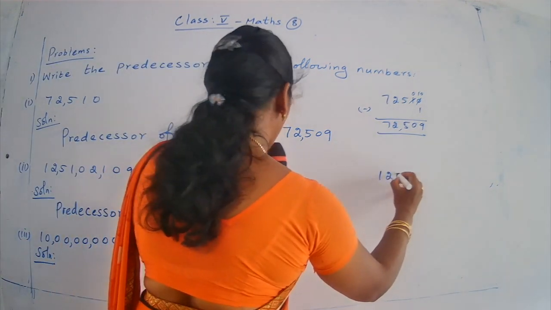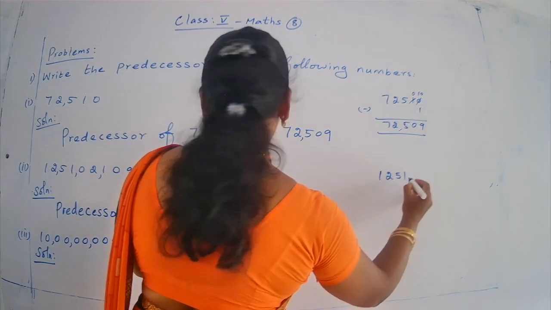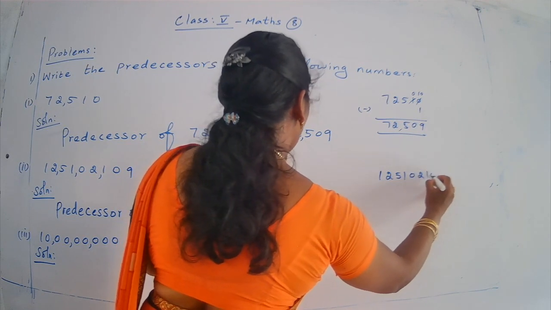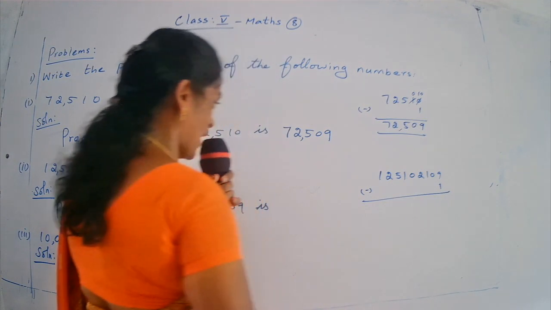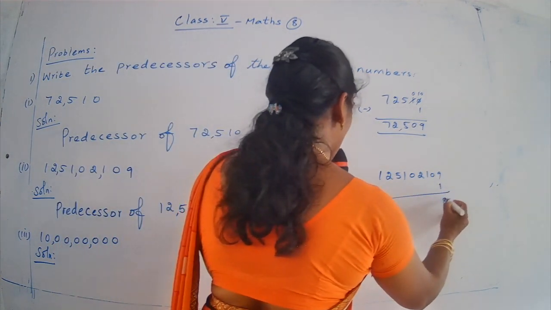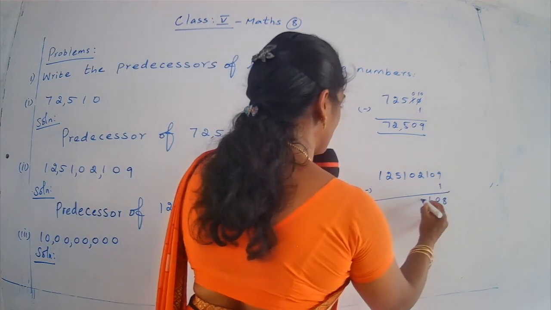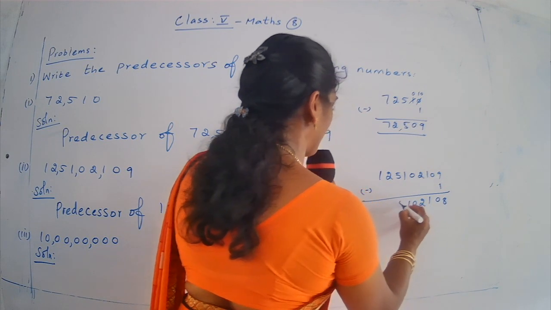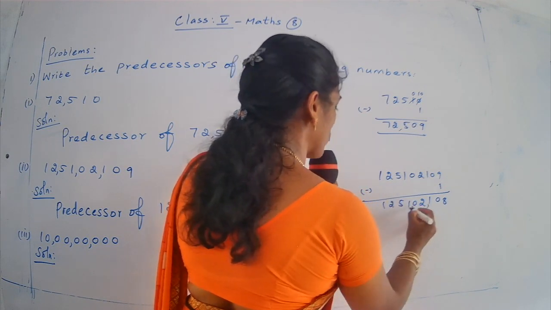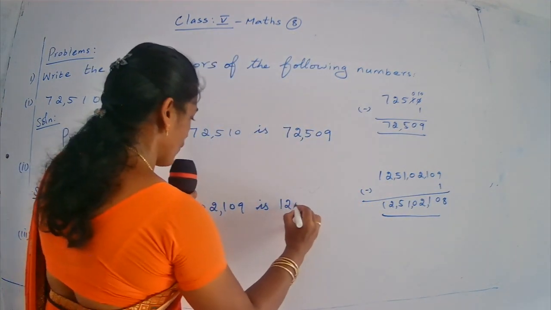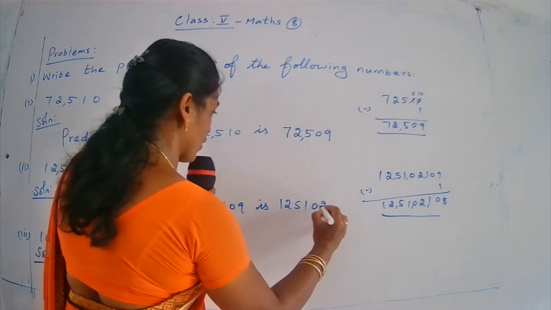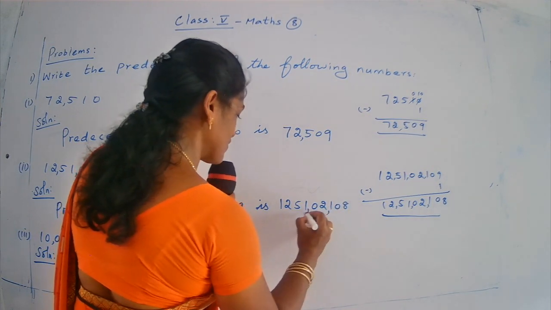Okay. 12 crore 51 lakh 2,109. You subtract 1. 9 minus 1 is 8. The other digits stay 0, 1, 2, 0, 1, 5, 2, 1. So your answer is 12 crore 51 lakh 2,108.